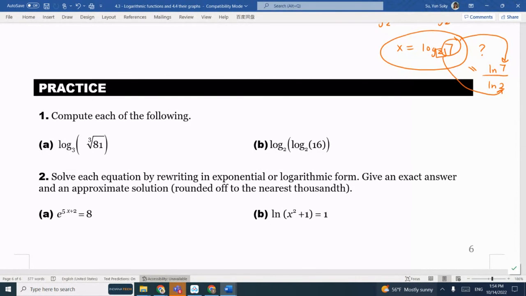That's why this is 3 to the 4 times 1/4. Oh, it's because this is 1/3, right? And the 81 is 3 to the 4. So 4 times 1/3 is 4/3.